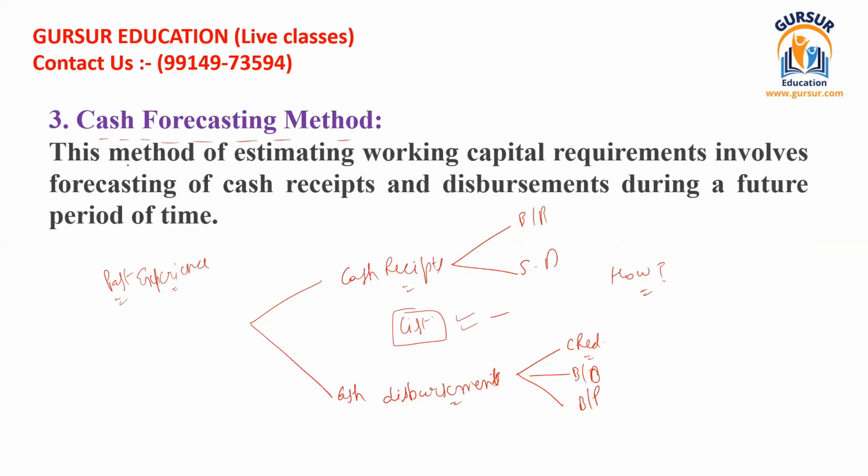This method of estimating working capital requirement involves forecasting of cash receipts and disbursements during a future period of time. So you just forecast whatever the cash receipts are going to be and whatever your cash disbursements are going to be in the upcoming year. So this is all about that.